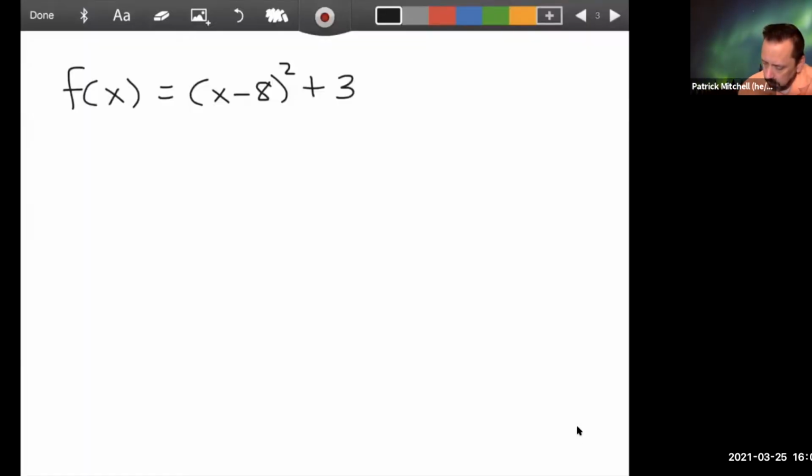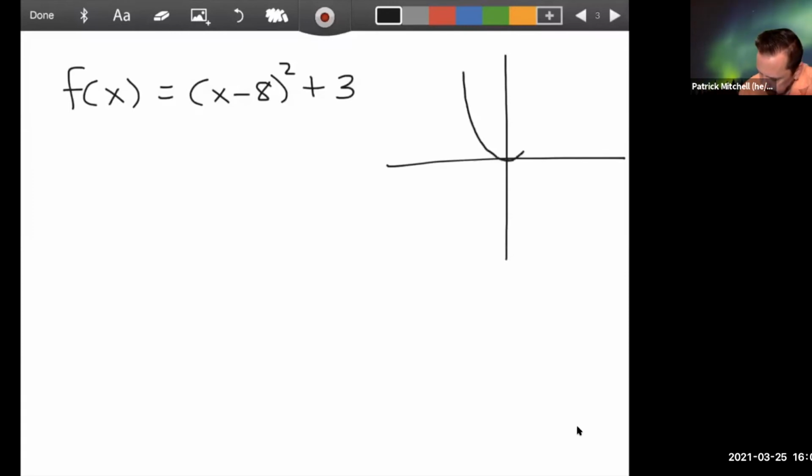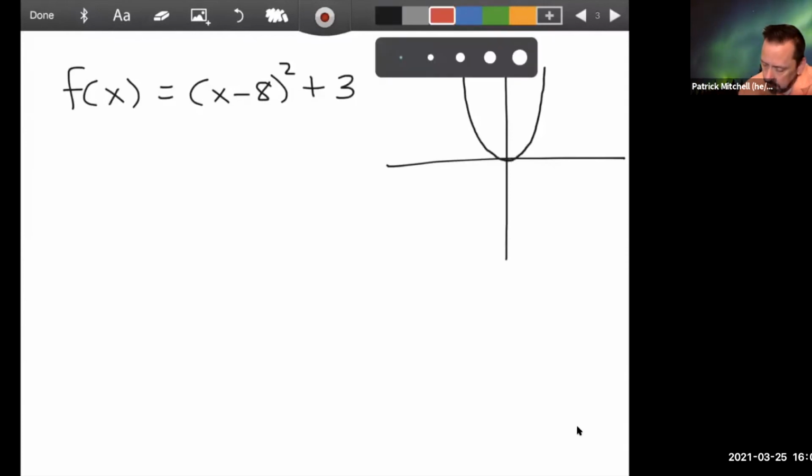All right. So first of all, remember your regular original y equals x squared. Looks like this. So now we want to know what happens. First of all, if we replace x with x minus 8, that is a horizontal shift to the right this time.